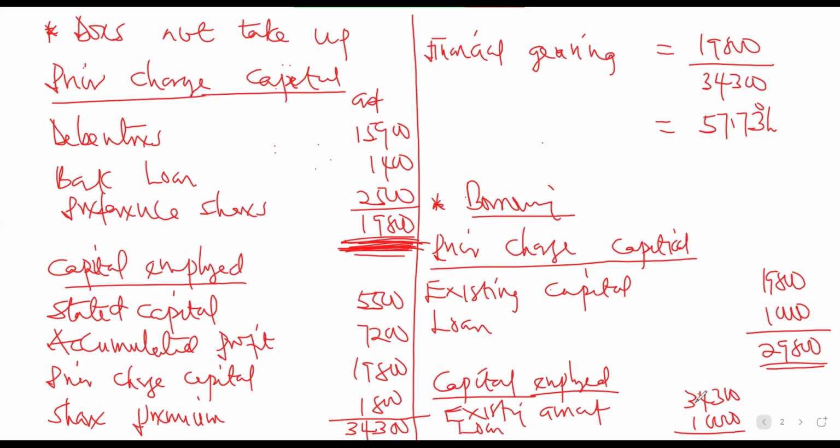It was the 7,200 plus the 1,800 plus the 5,500. That's 14,500. Right now, if they are bringing 10 million, it will be how much? It will be 24,500.